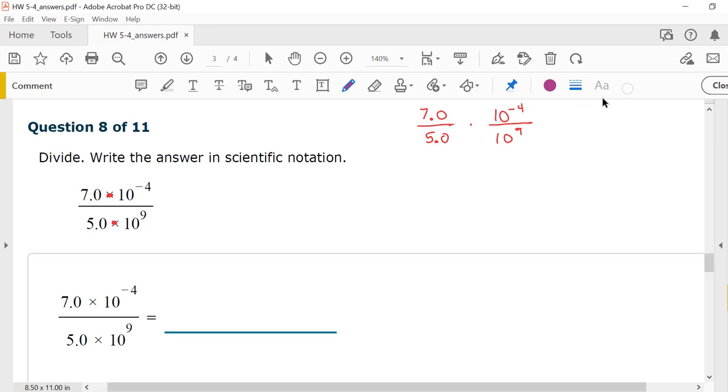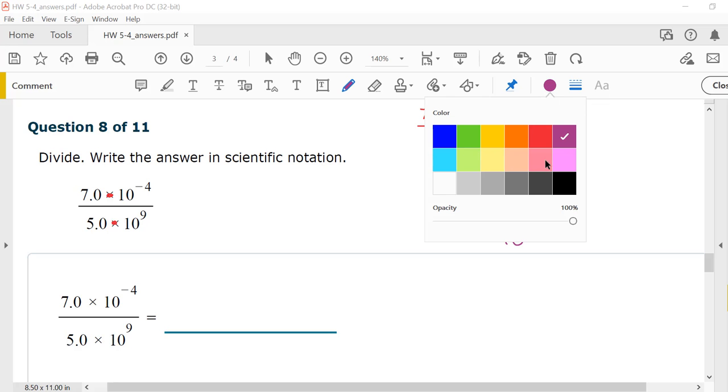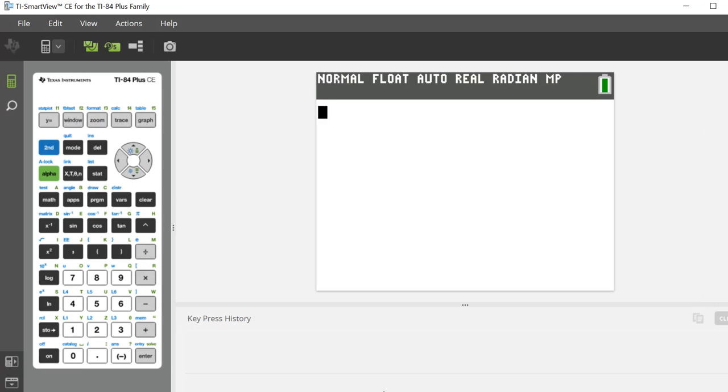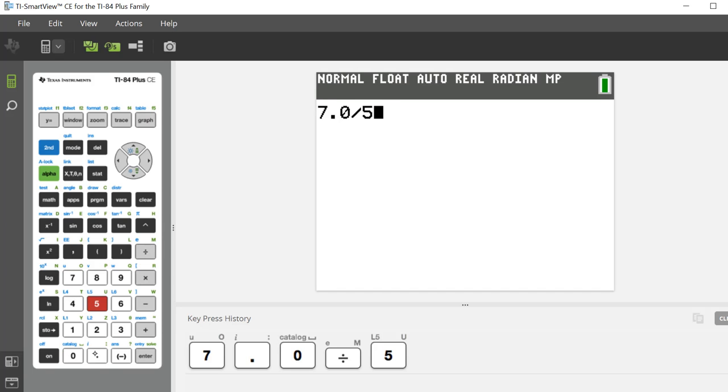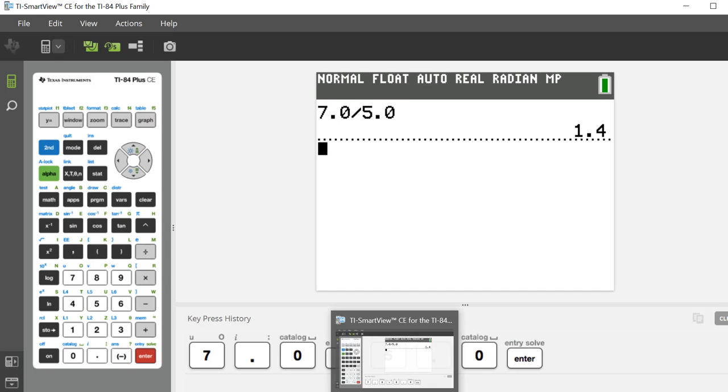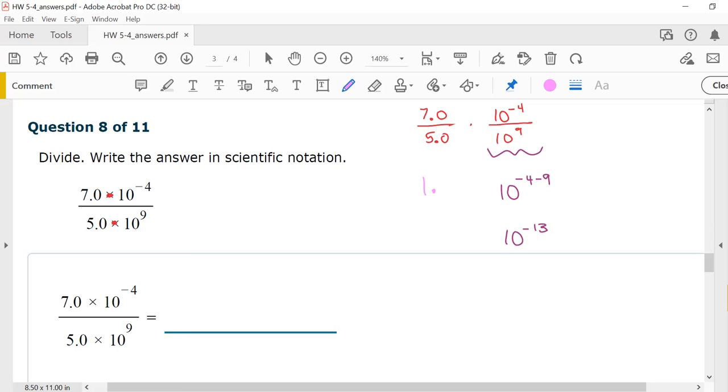Now, when you are dividing like bases, you can say that's 10 to the negative 4 minus 9, which would be 10 to the negative 13. Now for the number part. 7.0 divided by 5.0 is 1.4. So I get, and that's in the right form, 1.4 times 10 to the negative 13th. That's my answer.